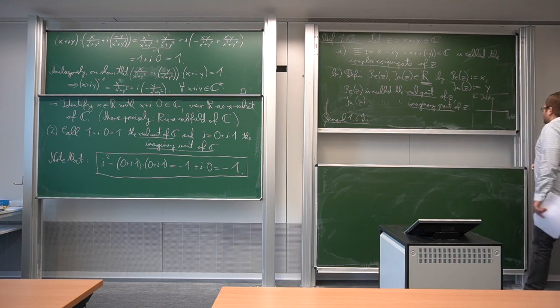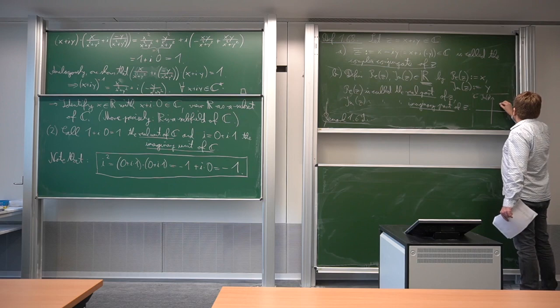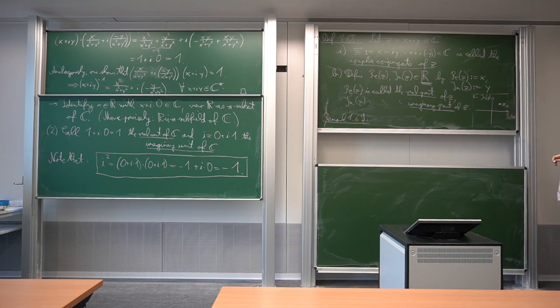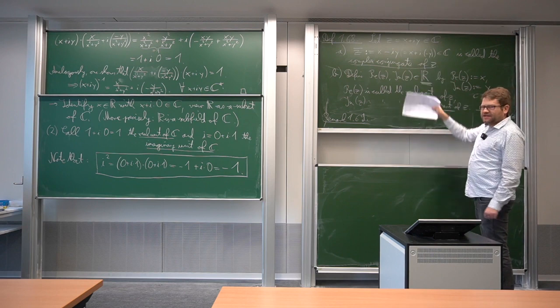So if we now have a point somewhere in here, say this is our number z, or some point called z0, just to say that this is general for z. So we have point z0, which has this real part and this imaginary part here. If we take a look at the complex conjugate, where is this now in our coordinate system, we just see that we flip the sign of the imaginary part, so of the second component.